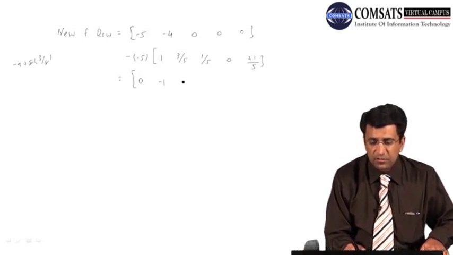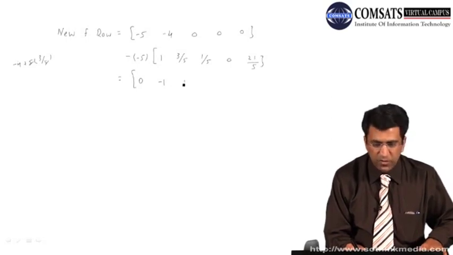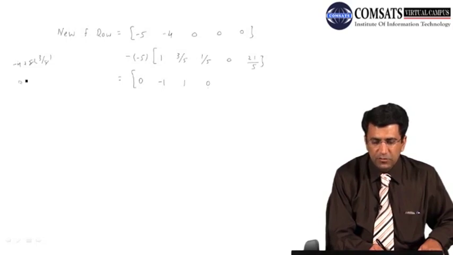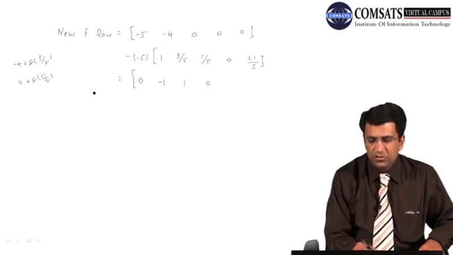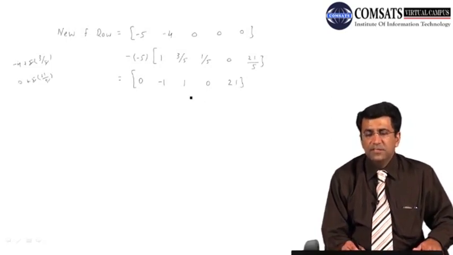Similarly the third value will be equal to 0 plus 1 by 5 times 5, which becomes 1. The fourth value will be 0 minus 0, which is 0. And the last value will be 0, and again minus becomes plus 5, multiplied by 21 by 5. This 5 will be cancelled and we get 21. So class, this is our new F row.